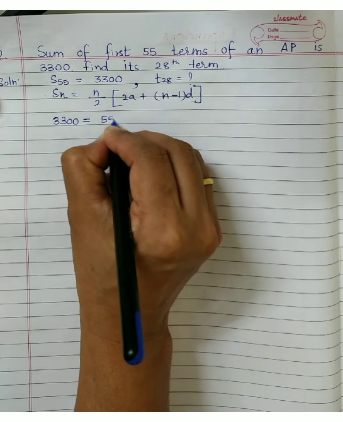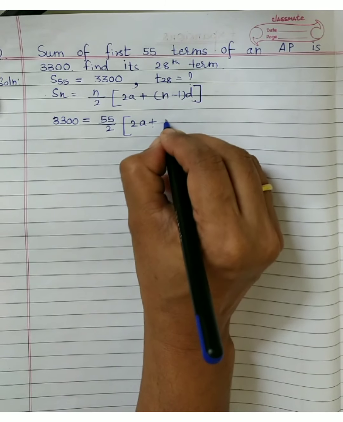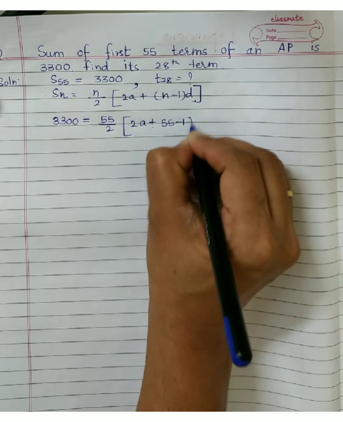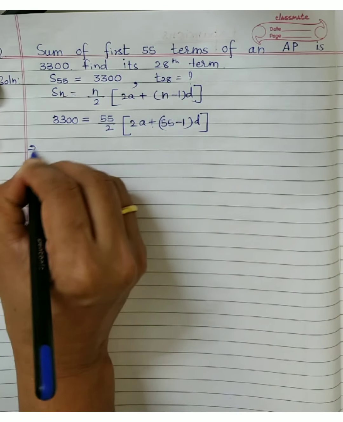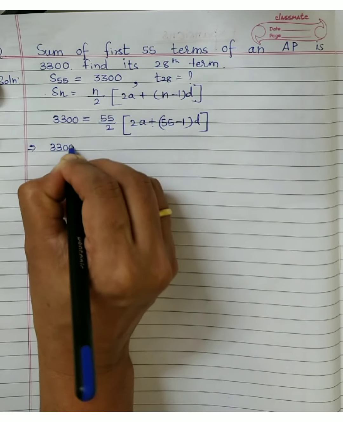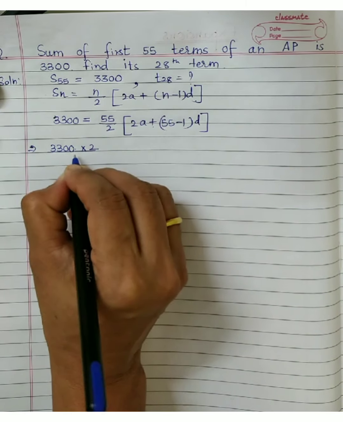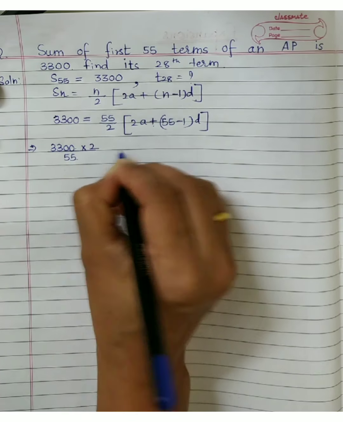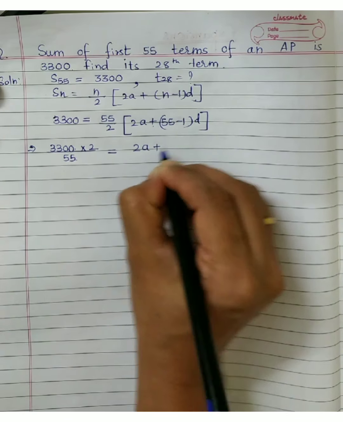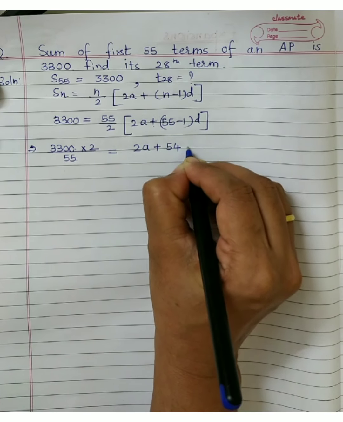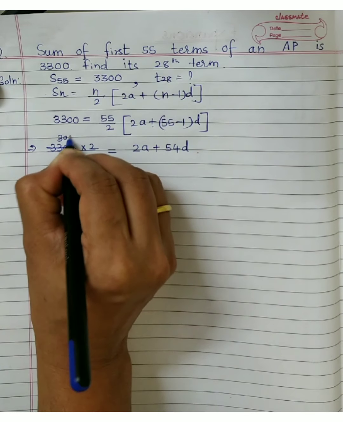N is 55, so 55 upon 2 bracket 2A plus 55 minus 1 into D. Let's simplify it. 3300 into 2 upon 55 on the left hand side, which can be simplified further. Here let's see what happens. This becomes 2A plus 54D. Now 11 5s are 3.